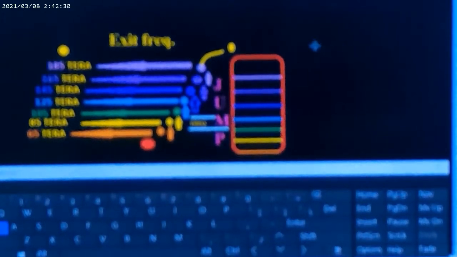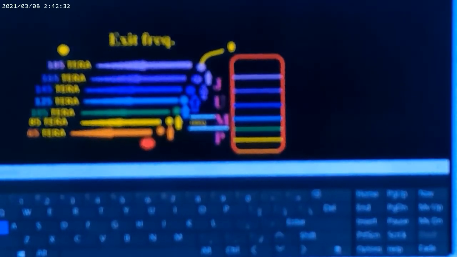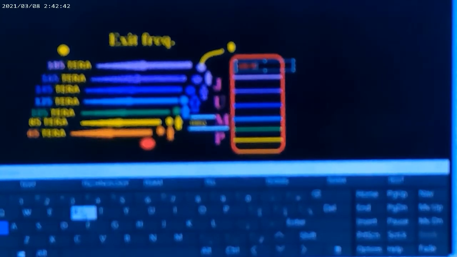Alright, let's try this again. We have the numbers 125 tera. And we can do a larger font here.